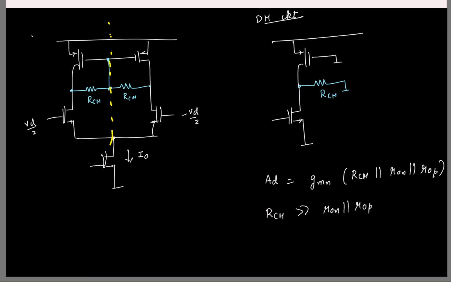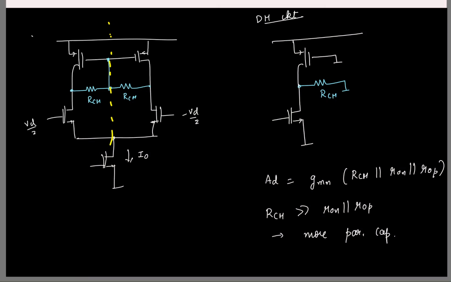If you have a larger area with respect to ground, it will have a larger capacitance, right? So that capacitance will now come in parallel to the output. It will reduce your speed and so on. So that is the trade-off. More parasitic capacitance. Okay, so this is the trade-off we have. We can't do anything.